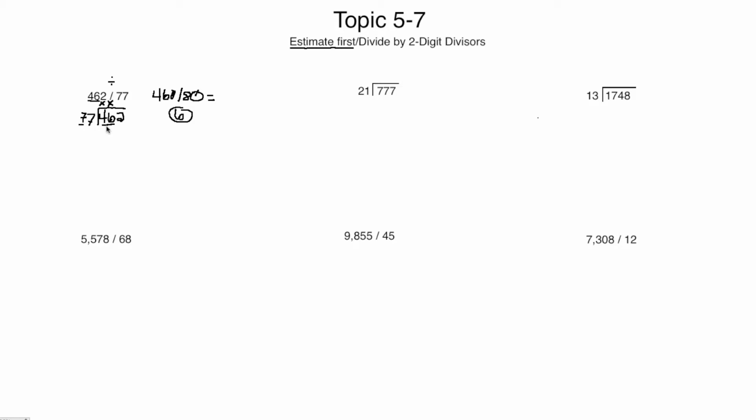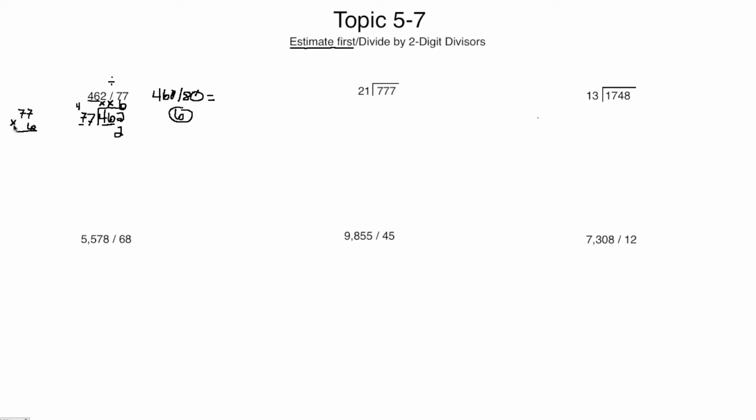So 7 times 6, because 7 times 7 is 49. That's too big. So let's try 6. 6 times 7 is 42. Carry the 4. Again, if you can't multiply this way, just rewrite it on your paper from top to bottom, but close to the problem.